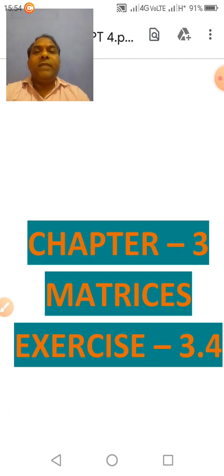By using elementary transformation we can find the inverse of a matrix. There are two types of elementary transformation: first, row elementary transformation and second, column elementary transformation. Elementary transformation or elementary operation are the same thing. Clear?